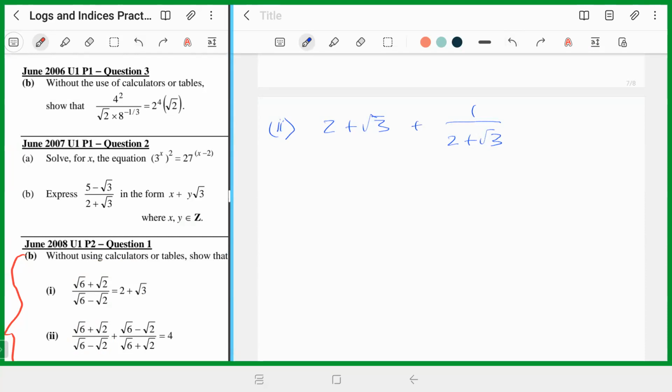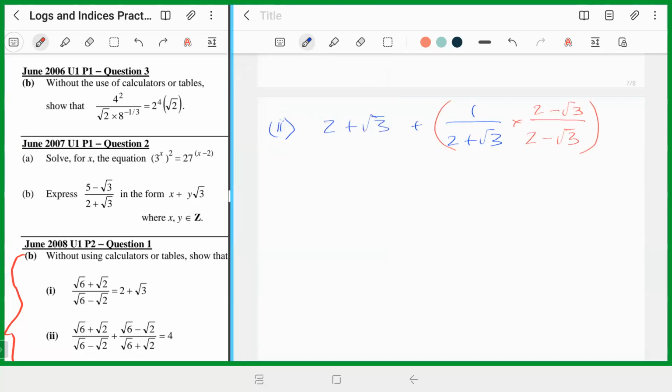I'm going to rationalize this denominator. So I multiply the denominator by 2 minus root 3, and multiply the numerator by the same 2 minus root 3. Good? So let's continue.